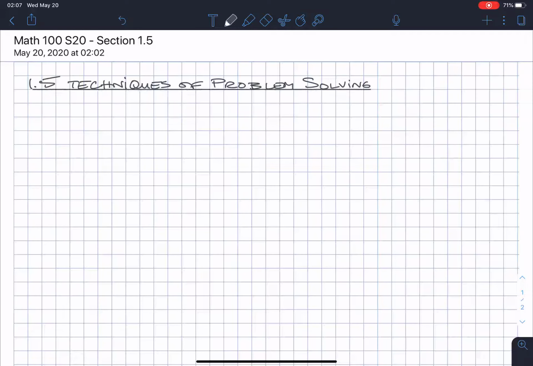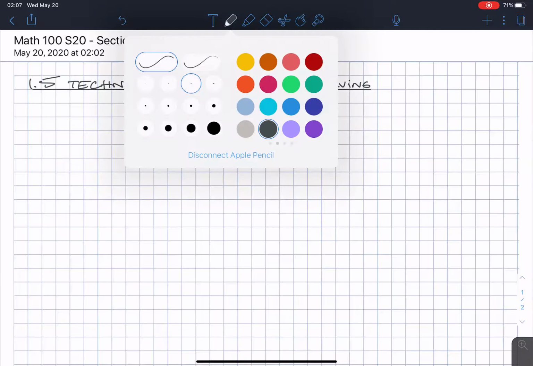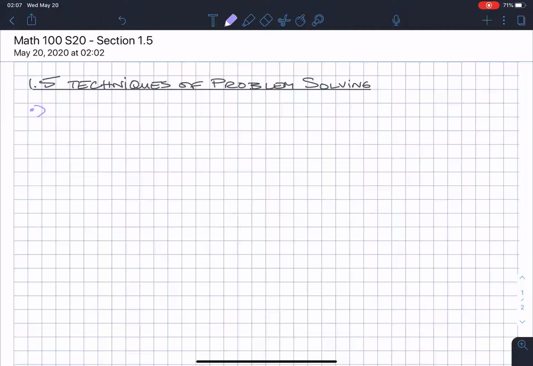Okay, so one technique is working backwards, right? So working backwards.